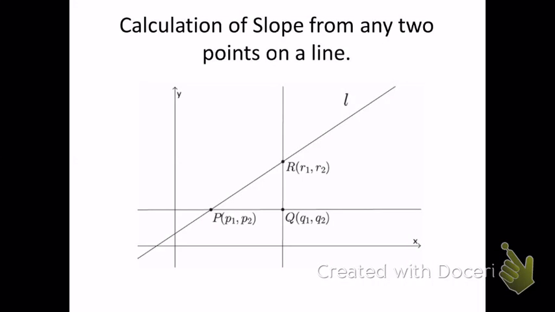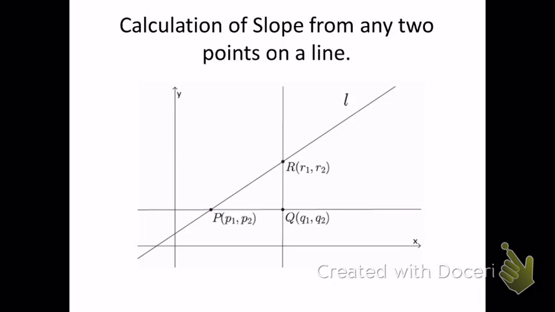Okay, so what we've seen in those couple of examples is that we can actually pick any 2 points on a line and calculate the slope from them. And often all I have are coordinates of points. I don't want to draw the graph so that I can count off these spaces. I want to be able to calculate this ratio without having to do that.